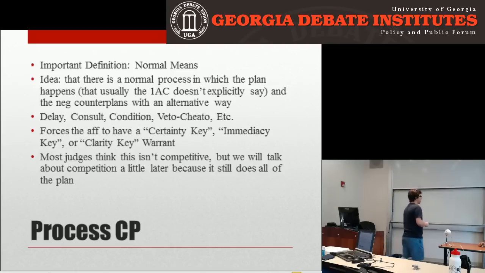And the negative will say that it is competitive because there are still less instances. So what if China was like, no, we don't think you should do that? Then in that instance, the plan wouldn't actually be done. So it's not certain that the plan gets done in the world of the counterplan, but it is 100% certain in the world of the plan that it gets done.